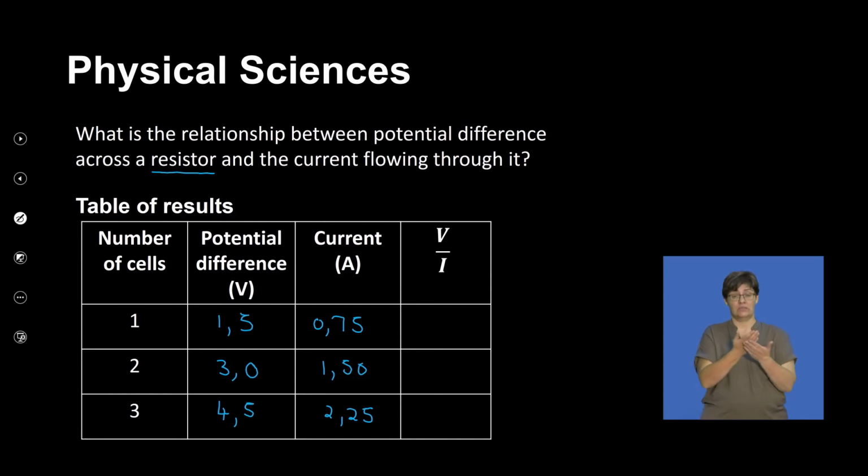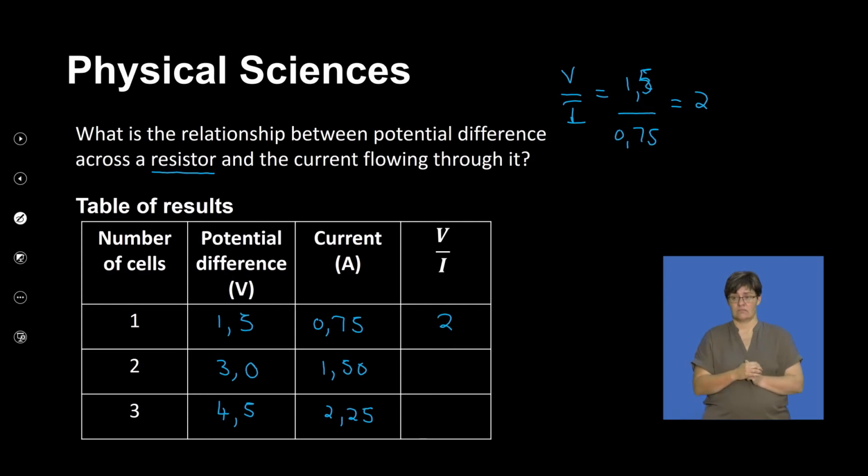So if you say V over I, in this case, for one cell, V over I is equal to our voltage, 1.5, divided by our current, 0.75. This actually gives us 2. So we've got 2 there.